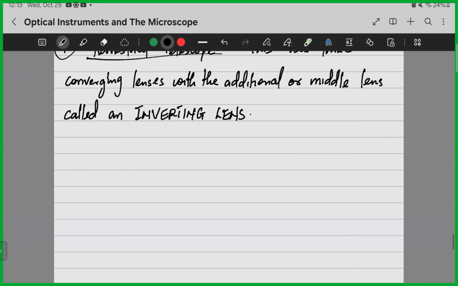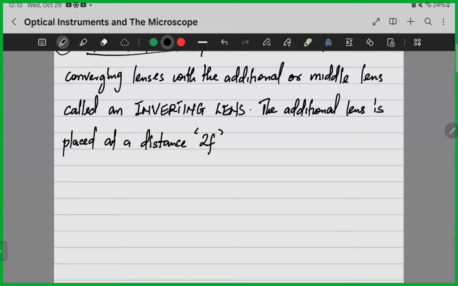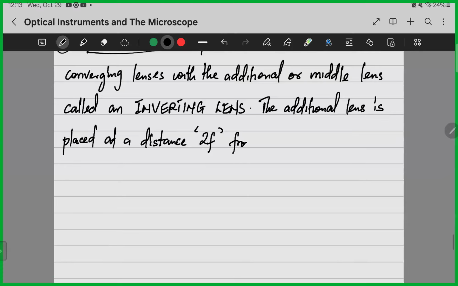Take note of the fact that the additional lens is placed at a distance 2F from the objective image.